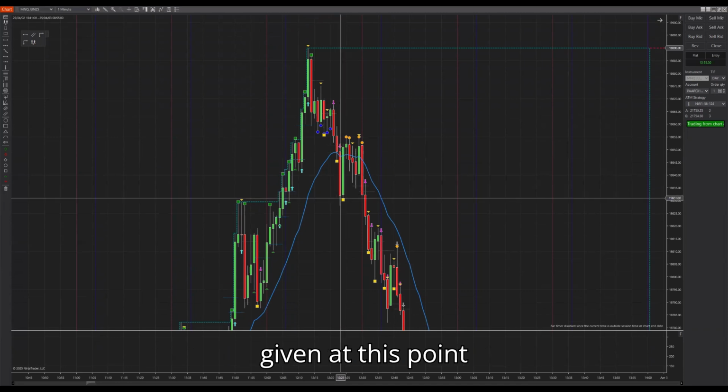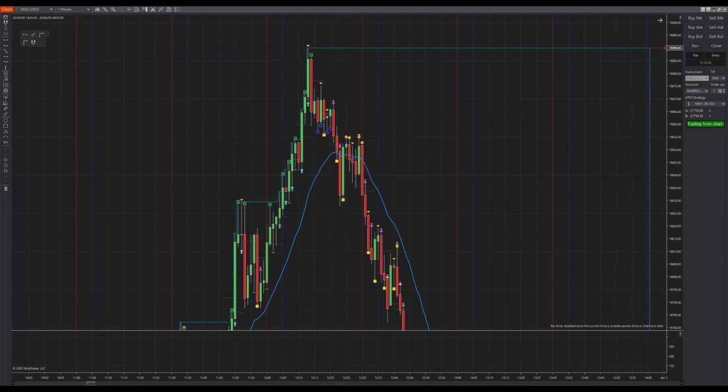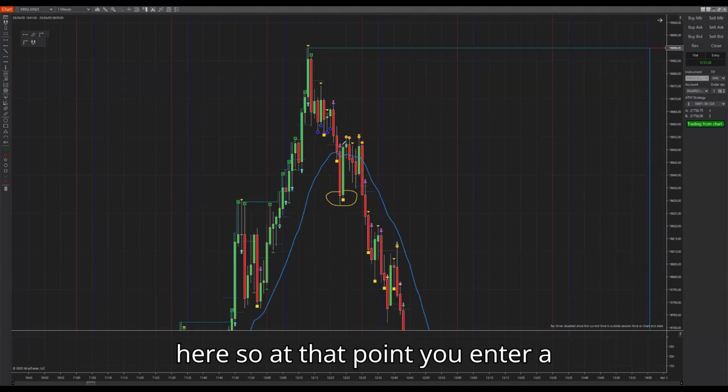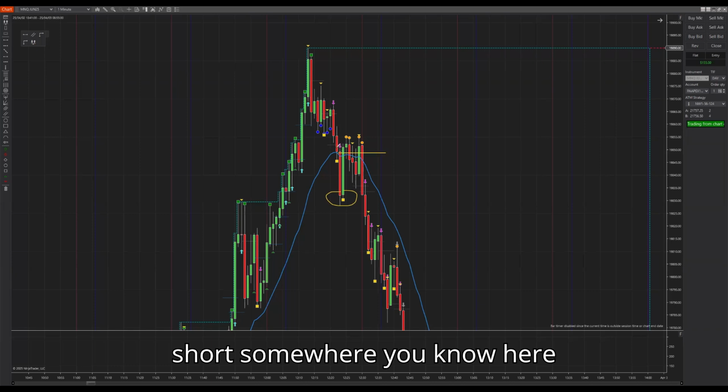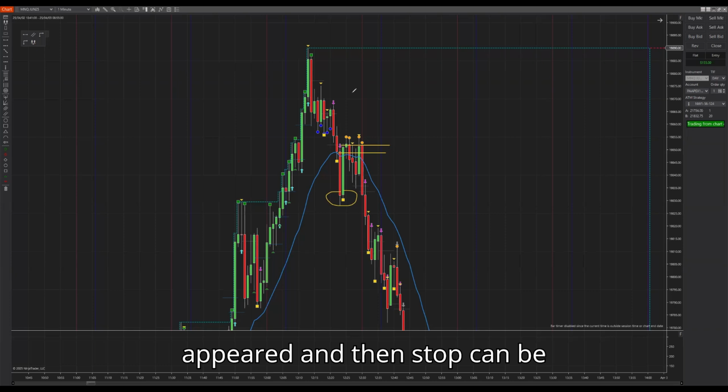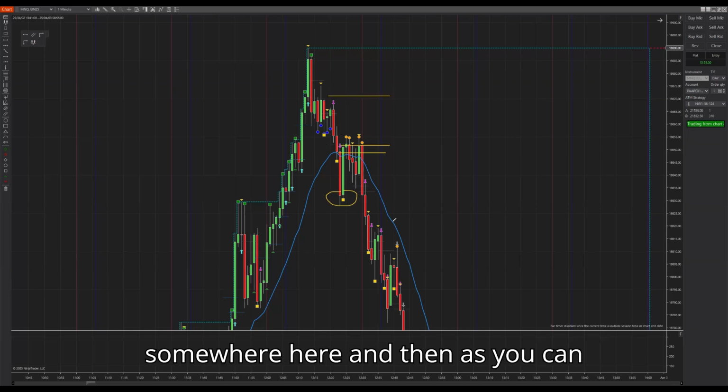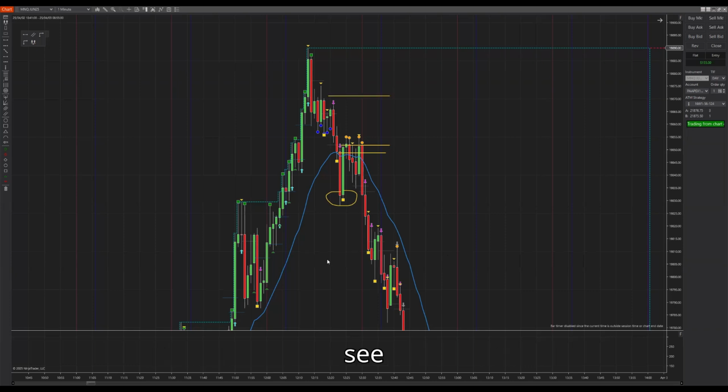The signal is given at this point here. So at that point, you enter a short somewhere here, or even exactly at where the arrow appeared. And then stop can be somewhere here. And then as you can see, it is a nice 3 hour profit trade.